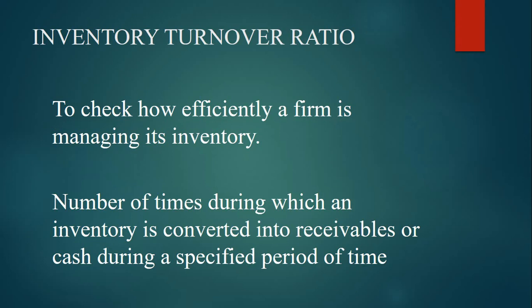The various activity ratios are inventory turnover ratio, accounts receivable turnover ratio, accounts payable turnover ratio, fixed assets turnover ratio and total assets turnover ratio. But in this lecture, I will discuss only two turnover ratios, the inventory turnover ratio and the accounts receivable turnover ratio, and the later ones will be discussed in activity ratios part 2.